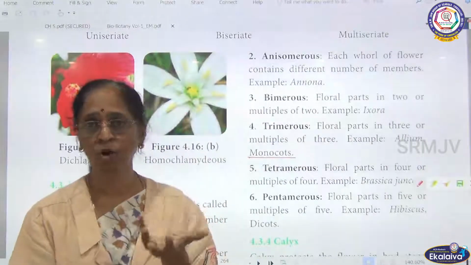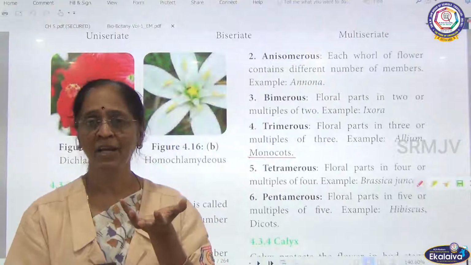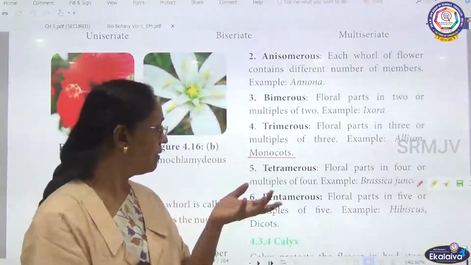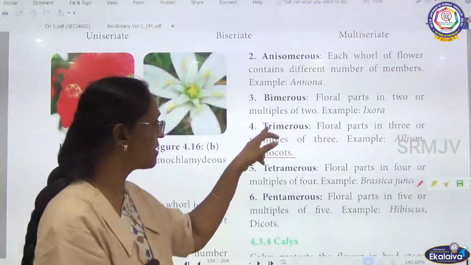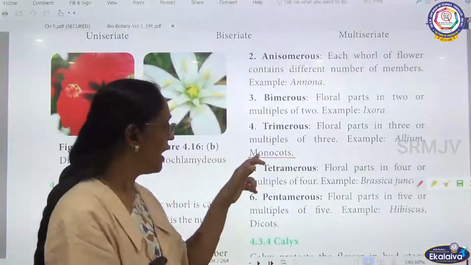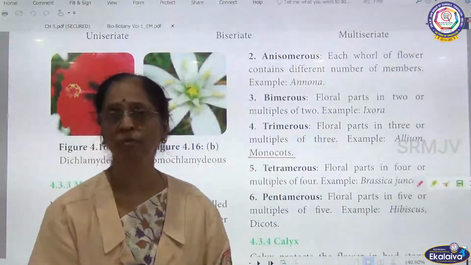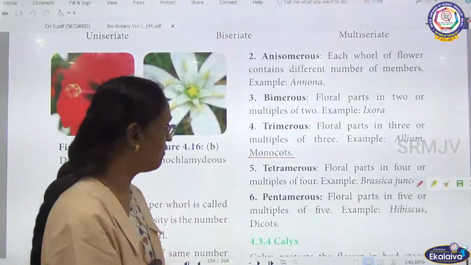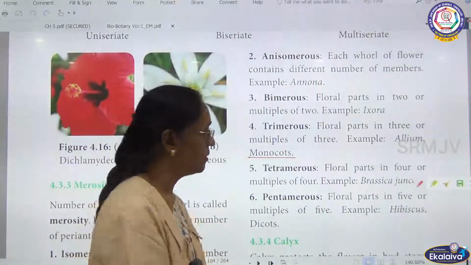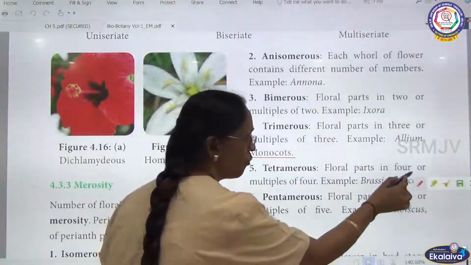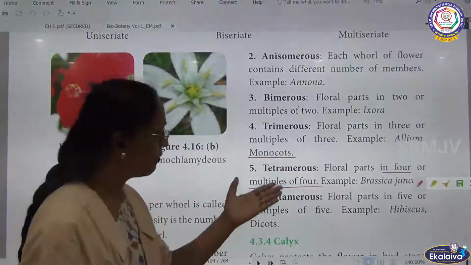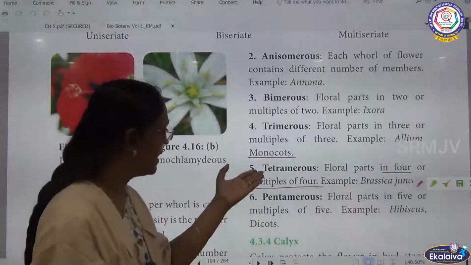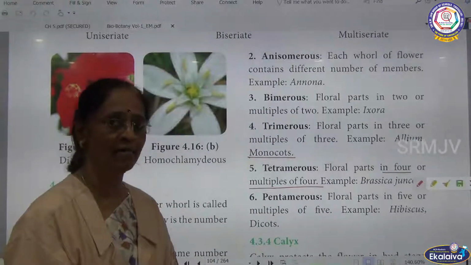And again, when you talk about flowers and how many parts there are, if the flower has 3 or multiples of 3, you call it a trimerous flower, and this is the characteristic feature of a monocot. And if the flower has floral parts in 4 or multiples of 4, which you will find in brassica, then you call it tetramerous.